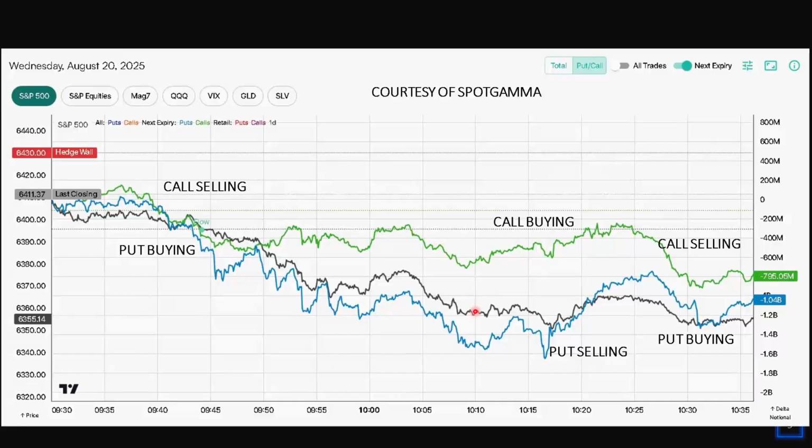I personally find value in this tool and the other SpotGamma tools for my personal trading, so I have them as tools. But are they absolutely necessary? No, they're not, because we have all this information in front of us on the VIX.